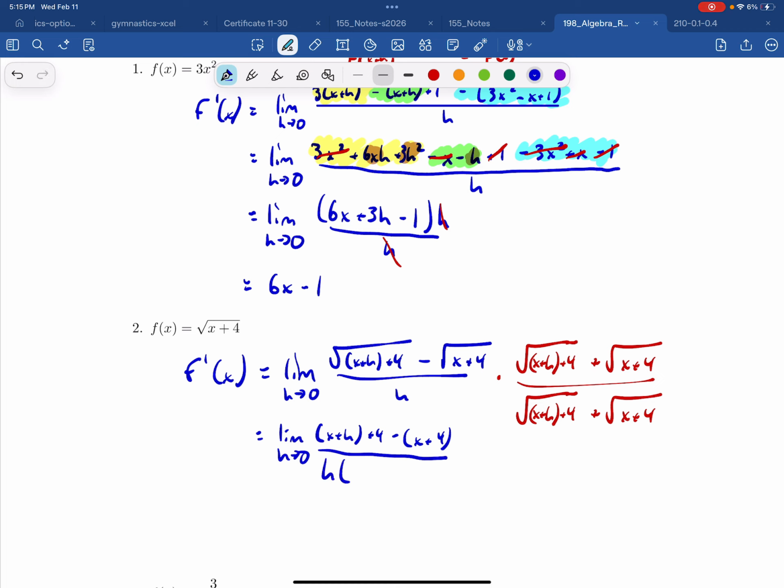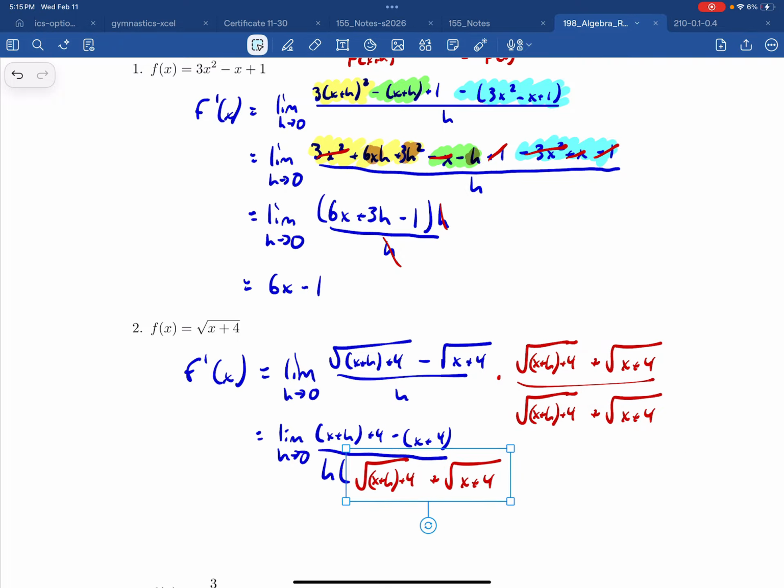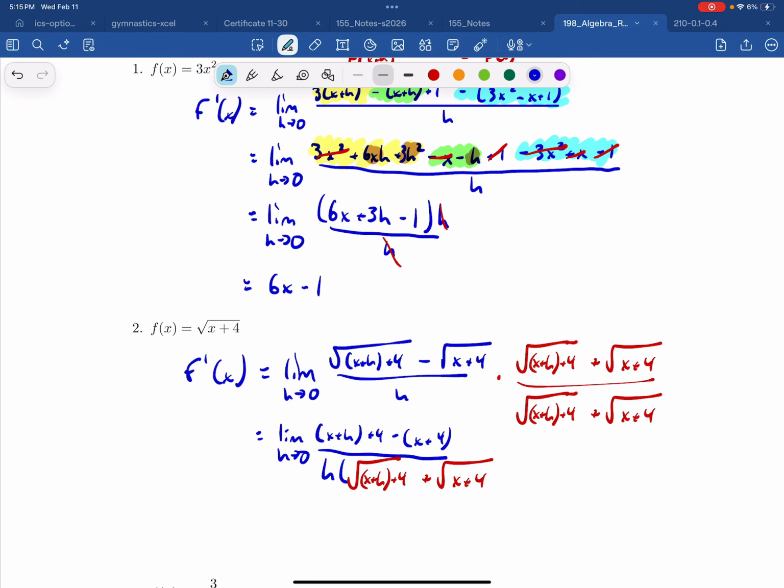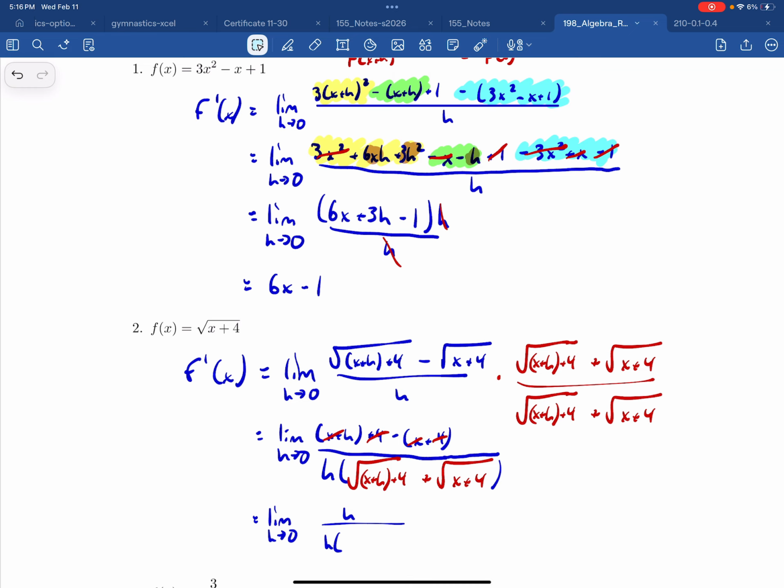I'm just going to be a little bit lazy once again and duplicate it, stick it down there, and not even simplify. And then, of course, we notice that some stuff is going to cancel. The x's cancel, the 4's cancel, and we are left with the limit as h approaches 0 of h all over h times, well, our duplicate, right?